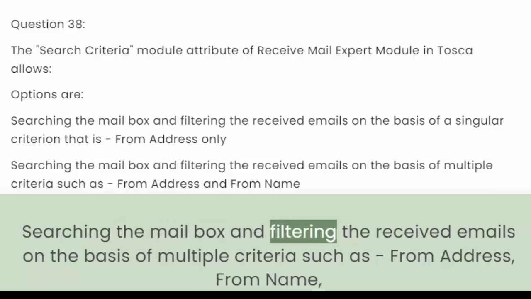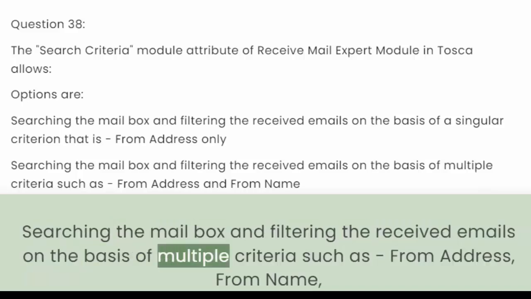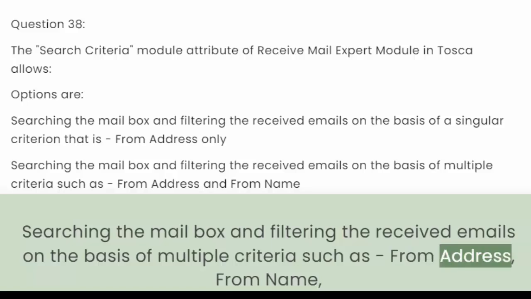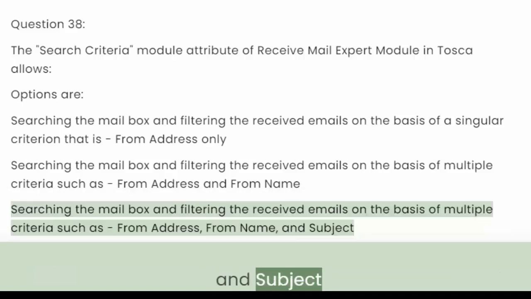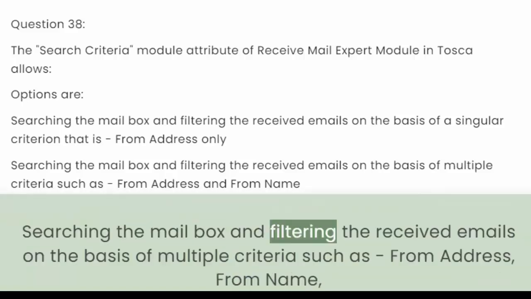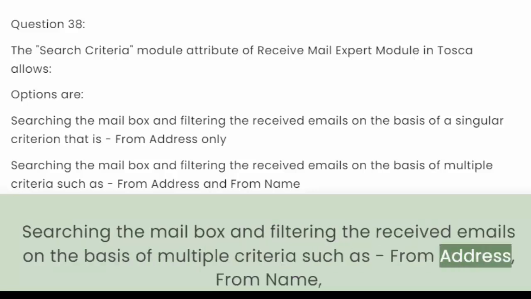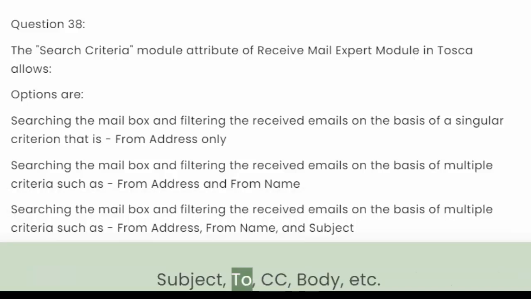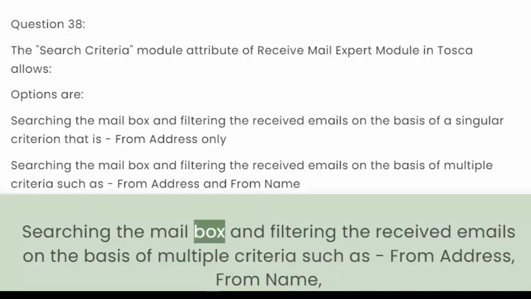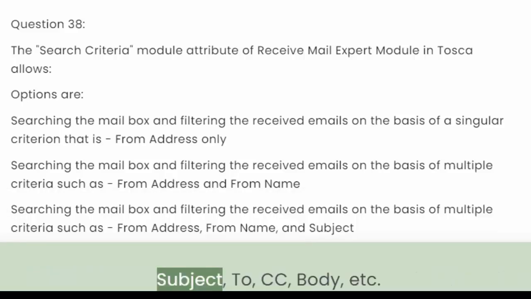Multiple criteria such as, from address, from name, and subject. Multiple criteria such as, from address, from name, subject, to, CC, body, etc. And answer is 4. Searching the mailbox and filtering the received emails on the basis of multiple criteria such as, from address, from name, subject, to, CC, body, etc.